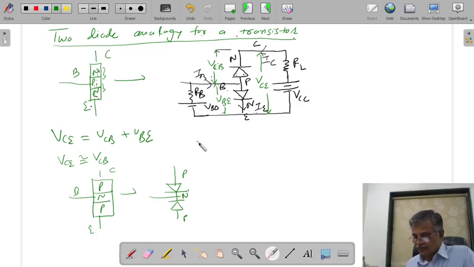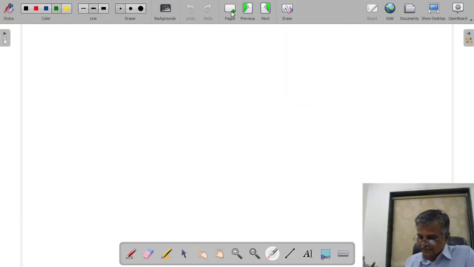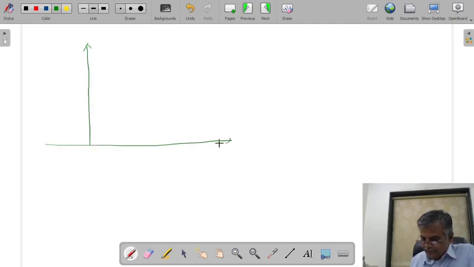In today's lecture, one more thing I will be discussing, only a graph. Look here. This is the graph of the output: collector current versus collector-emitter voltage, for different values of the base current.